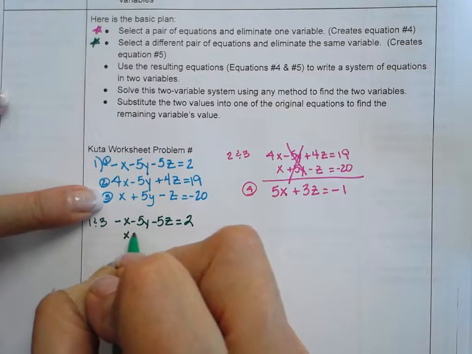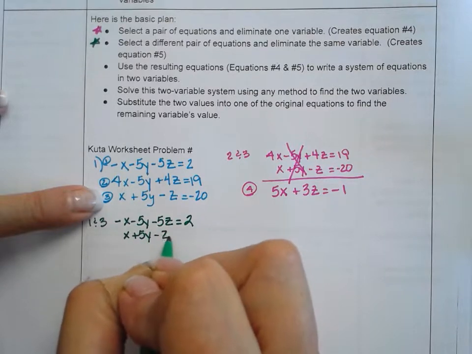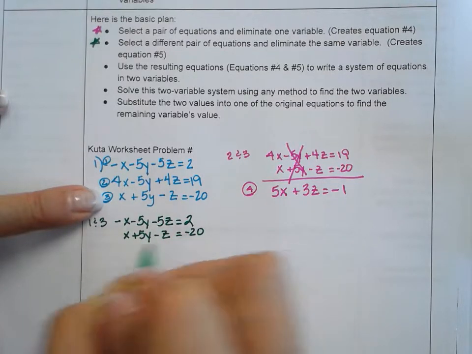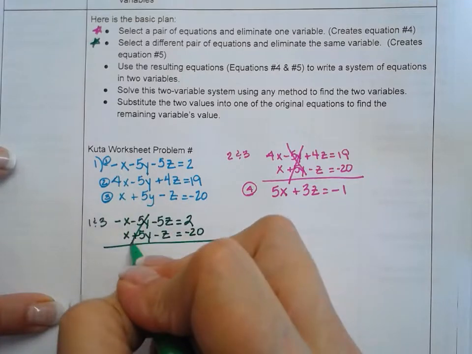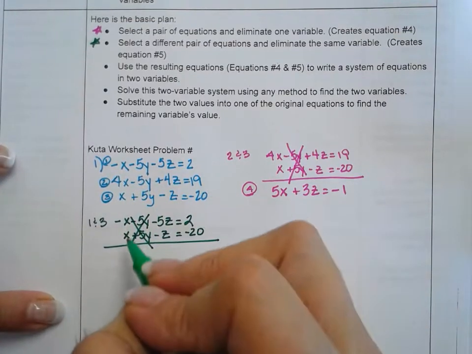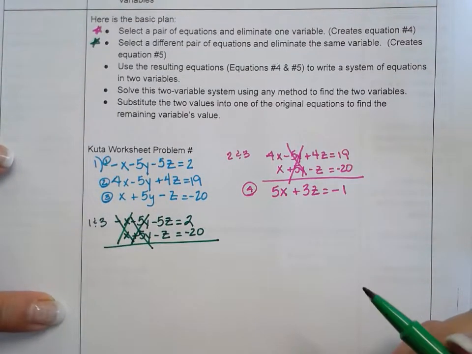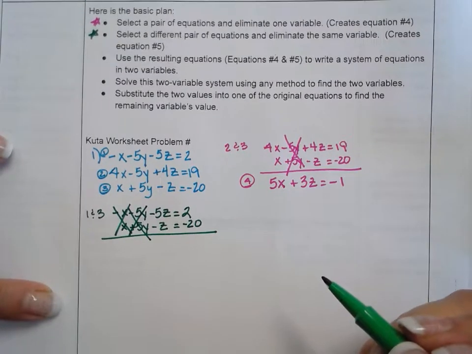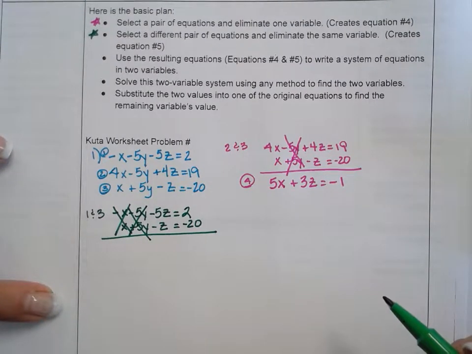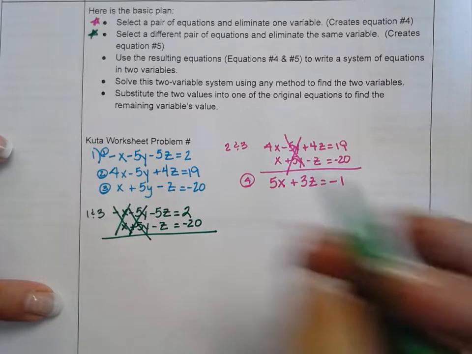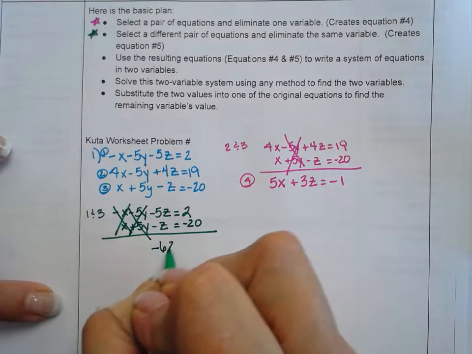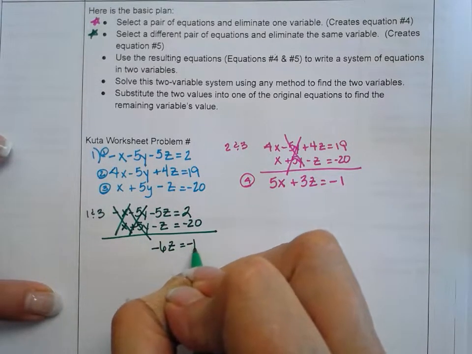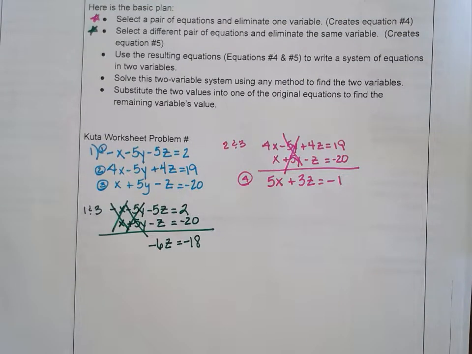And x plus 5y minus z equals negative 20. All right, when I add them together, oh look, this is beautiful. My x's and my y's cancel. So that means I have negative 6z is equal to negative 18.